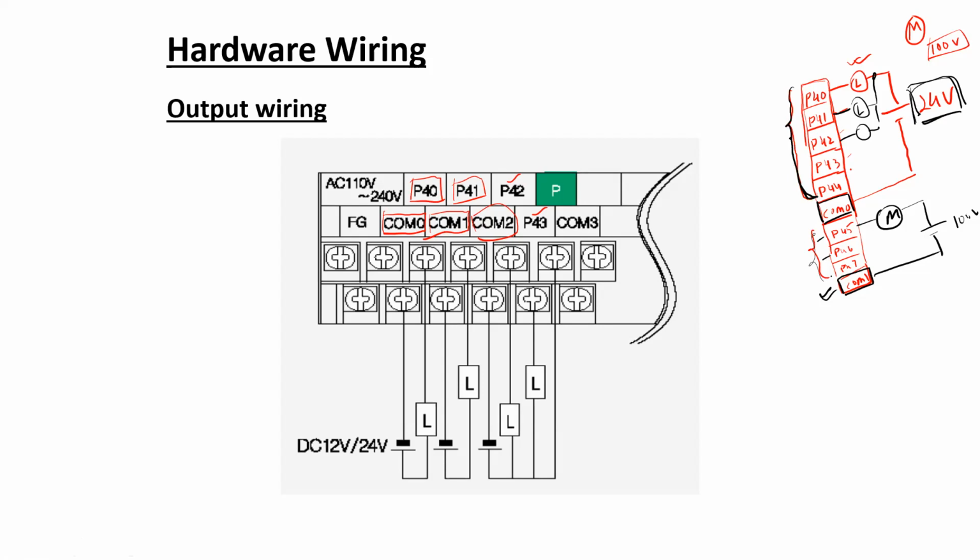So suppose these 5 ports share a common terminal COM0. Once you connect a load with a 24 volt supply using any one of these ports and this common terminal, then for any other of the 4 ports that share this common terminal, you cannot use them to operate a device that requires a higher or lower operating voltage, because this common terminal has already been connected with a source of 24 volts.